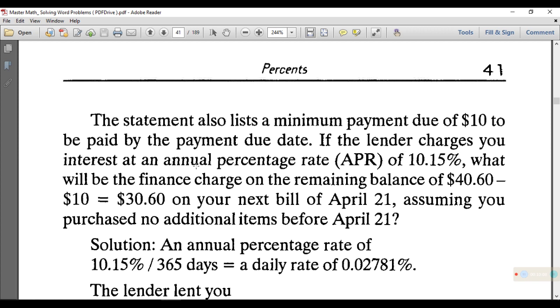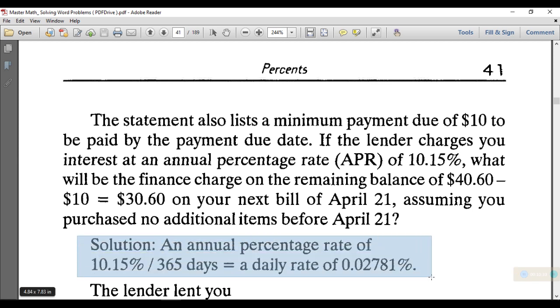If the lender charges you interest at an annual percentage rate, APR, of 10.15%, what will be the finance charge on the remaining balance of 40.60 minus 10, yung hindi mo pa nababayaran, 30.60 on your next bill of April 21, assuming you purchase no additional items before April 21? So, solution.